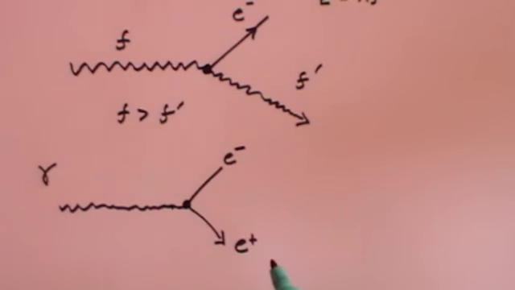Now, typically what will happen is that positron, which is the positively charged electron, or if you like, the antimatter electron, will not survive for more than a fraction of a second because it will collide with another electron. Those two will annihilate and they will create another photon.